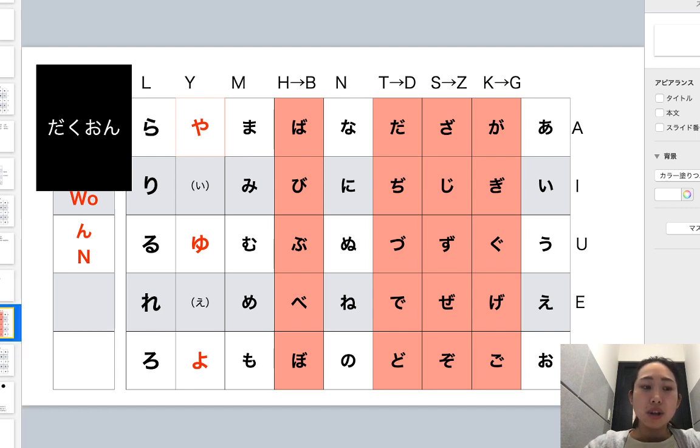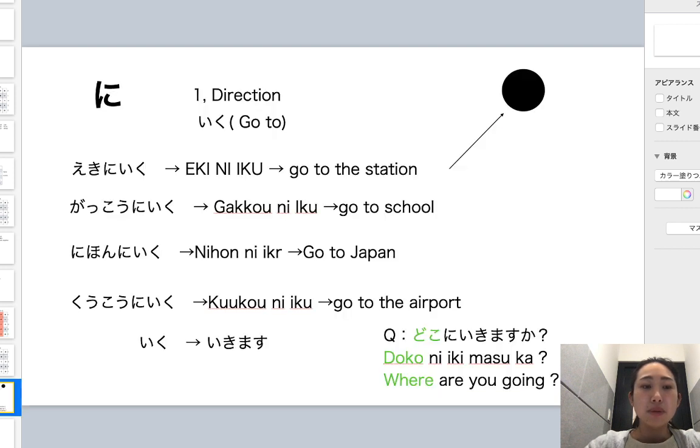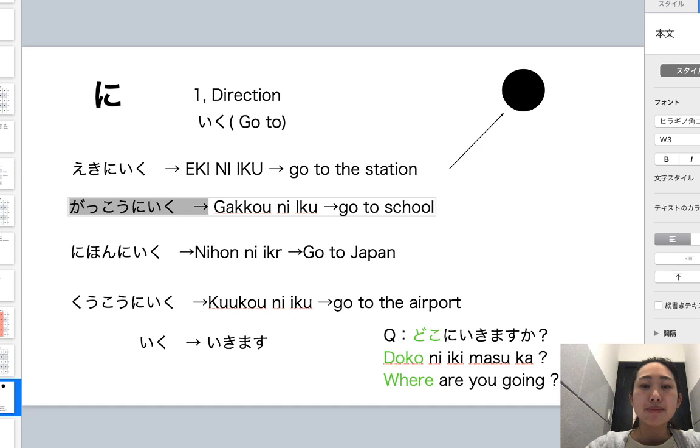So we can use the last class's sentences, like, do you remember 学校に行く? 学校に行く means go to school. に行く is go to, right? Do you remember? So 学校 is school, and actually it's just school.